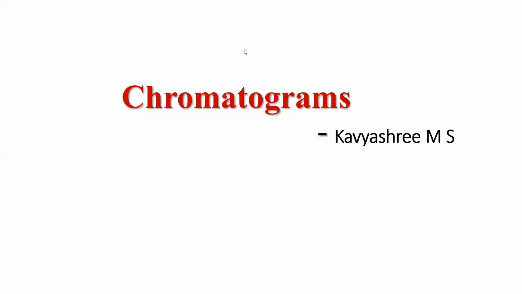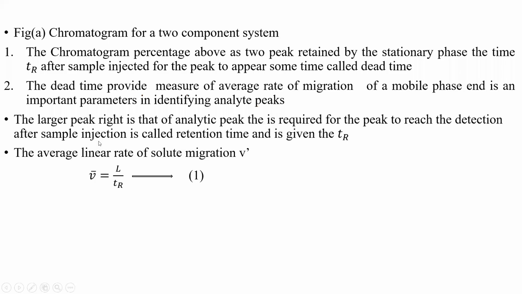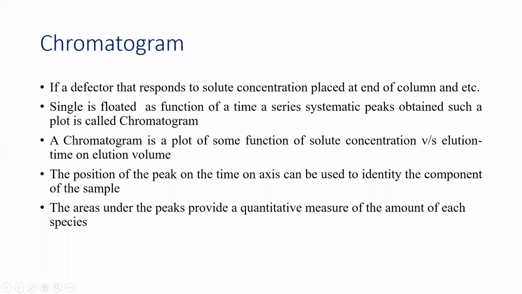Next, we move on to chromatograms. If a detector that responds to solute concentration is placed at the end of the column and its signal is plotted as a function of time, a series of peaks is obtained.